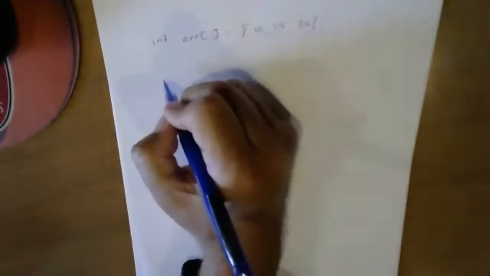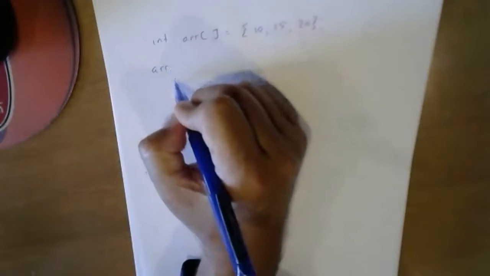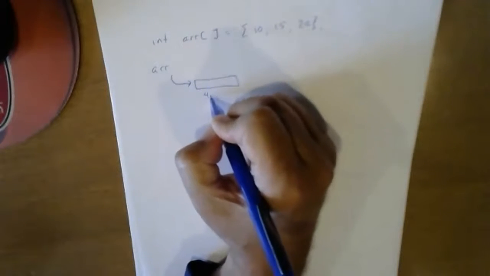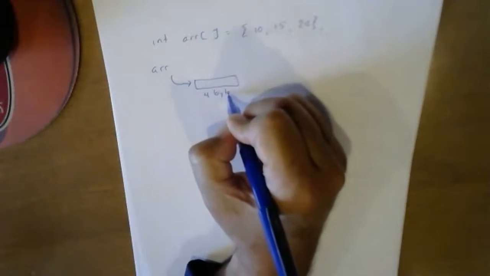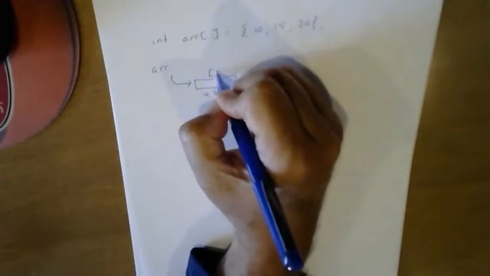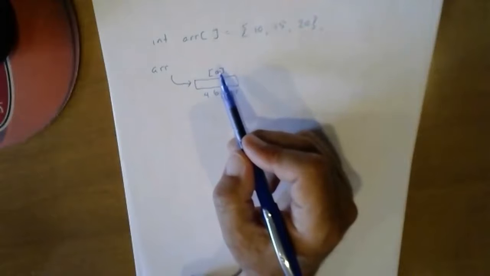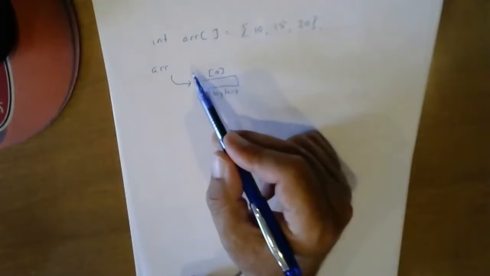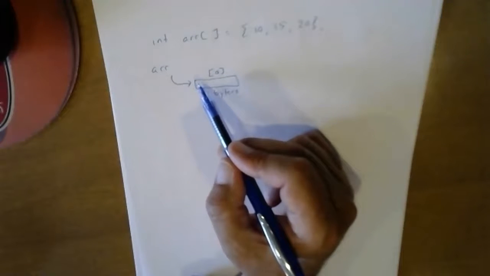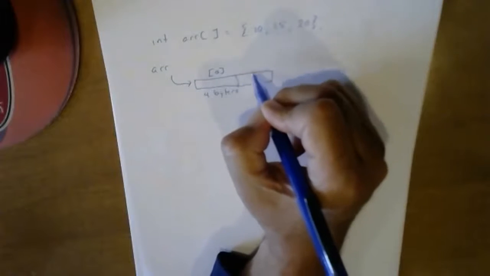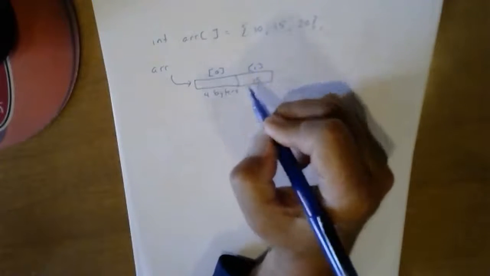So when I think about it, I want to start to go with array points to a memory location of 4 bytes. Now, when we start looking at the subscripts, I'm going to think of it this way. That 0 is the same as 0 times 4 bytes, which puts me there. When I go to find the next number, 15, I'm going to think of the subscript as 1.